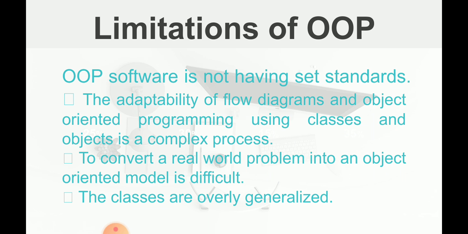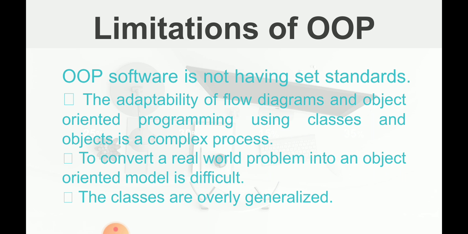Next are the limitations or disadvantages of object-oriented programming. That is, slower programs. Object-oriented programming is typically slower than procedure-based programs, as it typically requires more instructions to be executed, and it is not suitable for all types of programs.